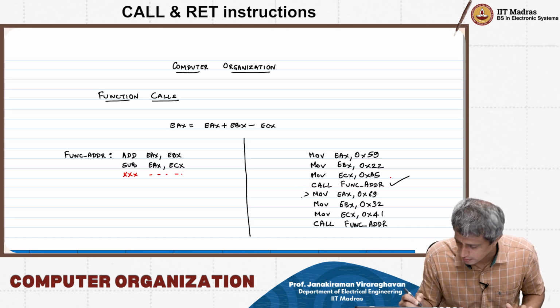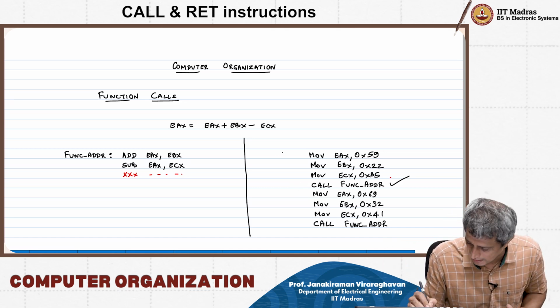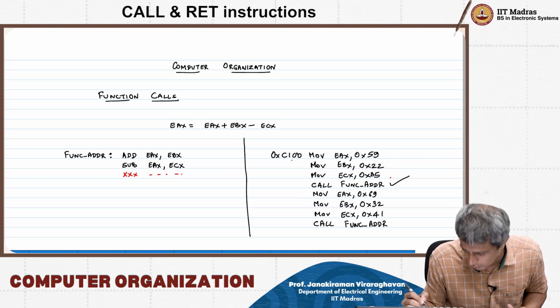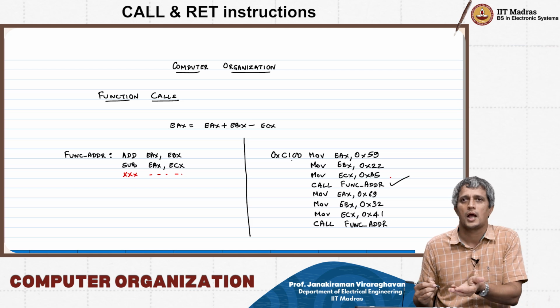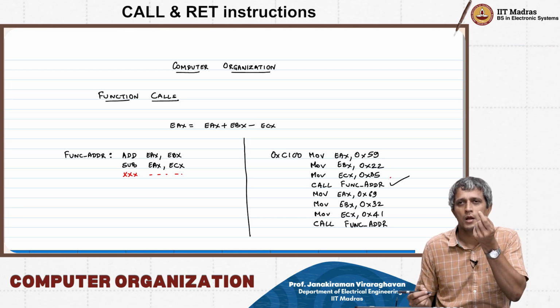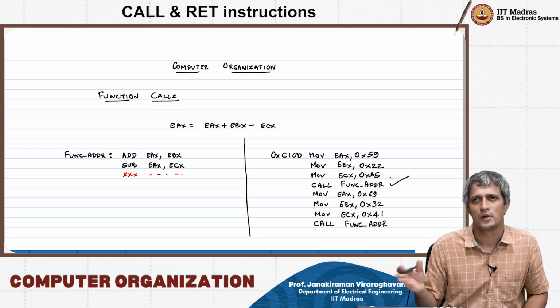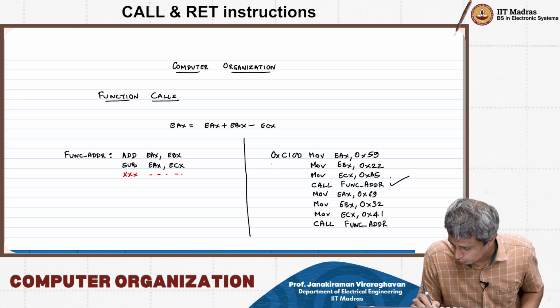Okay, so now let's assign some addresses here. 0xC100. I'm going to give it just 16-bit addresses, not 32-bit, because there's just a lot of trailing zeros which I'm going to leave out.